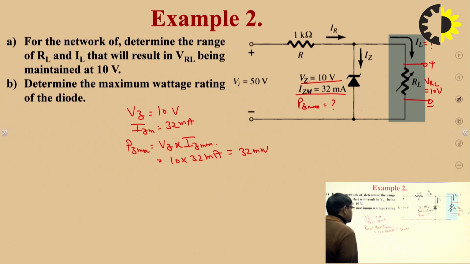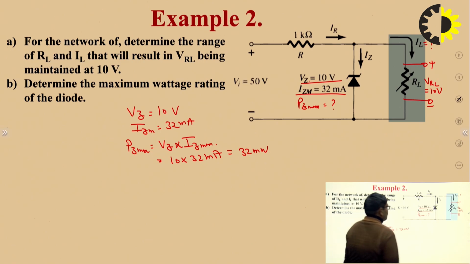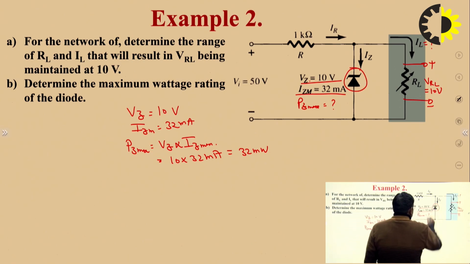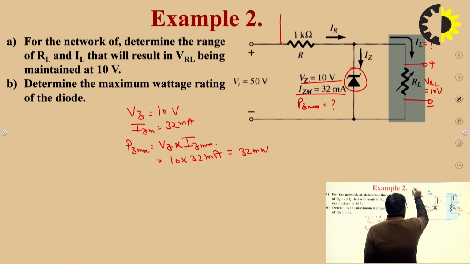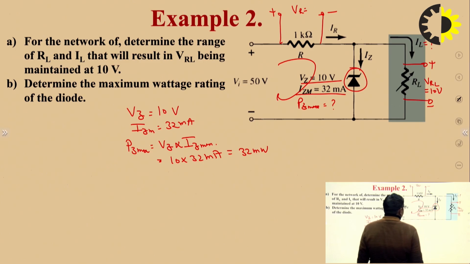So the first question to be answered is how much Zener power is dissipated by that particular Zener diode. The second one is how much voltage appears across this resistance. This one is plus minus, and this is VR. So we apply KVL in that particular loop.